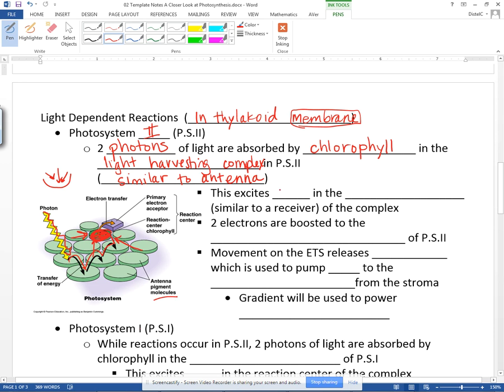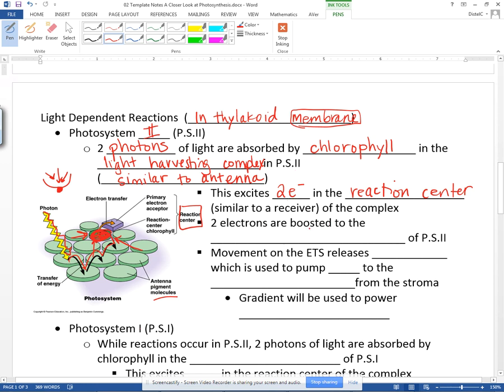the light harvesting complex does the same kind of thing. When that happens, it excites two electrons in the reaction center. So that's right here, in the reaction center. And that's kind of like the receiver. So again, the reaction center is where all of that energy is being focused. And so much energy is absorbed by those electrons that they actually move from the atom.